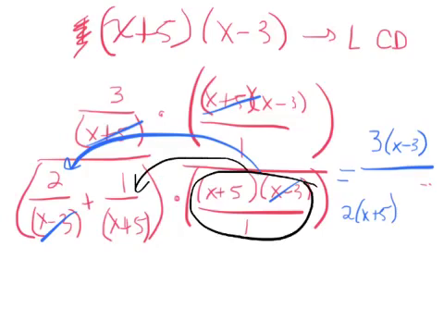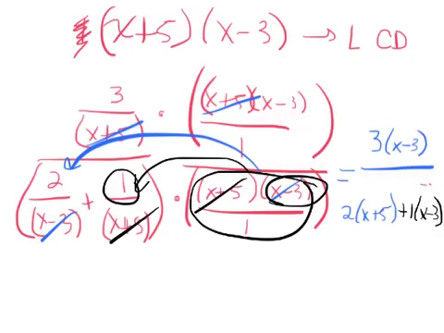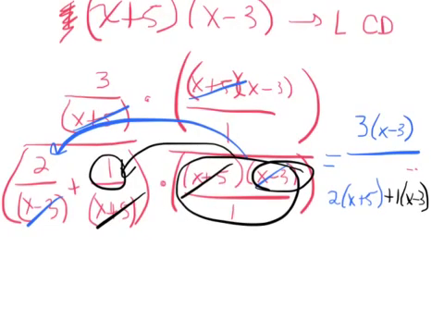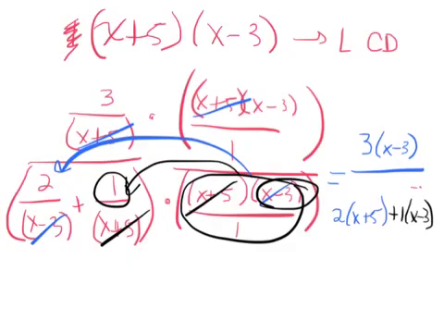When I distribute it here, the x plus 5 cancels, leaving behind the x minus 3 that's still there. And there's a 1 in front. So we have plus 1 times x minus 3. Okay? And that's what your answer is once simplified.